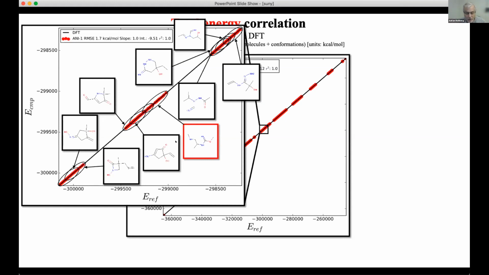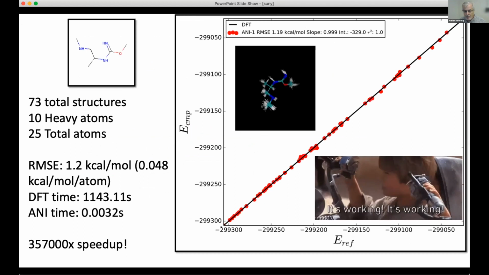If you zoom in into just one molecule, this red one here, then again, predicted total energy on the y-axis, computed with quantum on the x-axis, and again, this thing is 300 kilocalories per mole. It's a big range. So if you look at the bottom, which is really where the interesting stuff happens, the correlation is almost perfect.